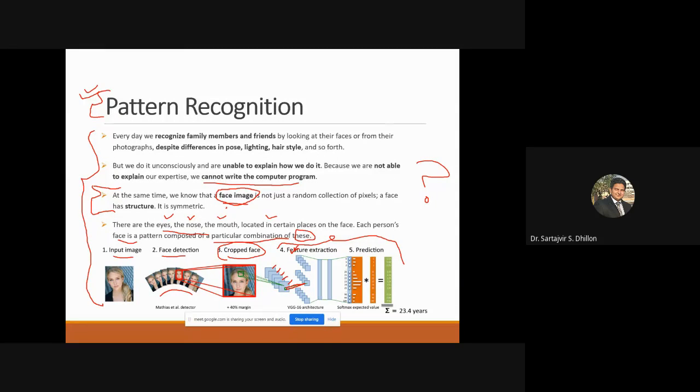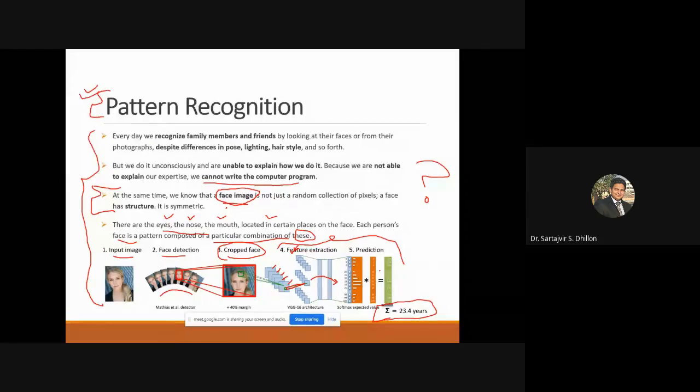Here I have taken an example from the forehead, which has further different features, and these features will be input to the algorithm, multiplied with some weight values, and provide the output. On the basis of that, we can recognize the face and estimate the age of a person.